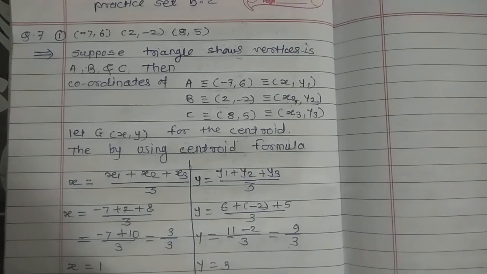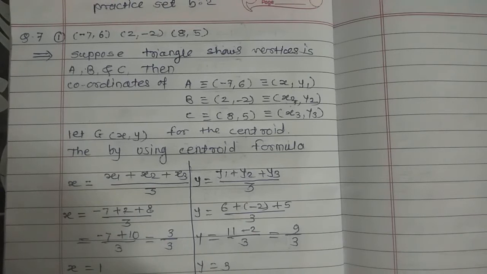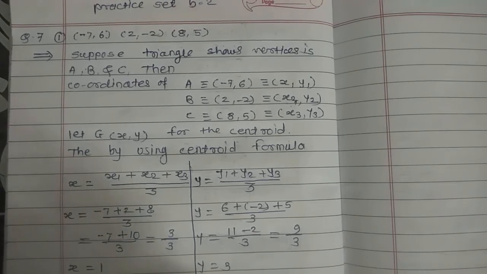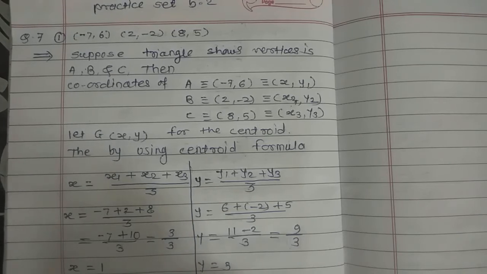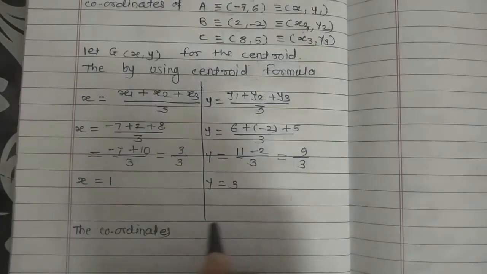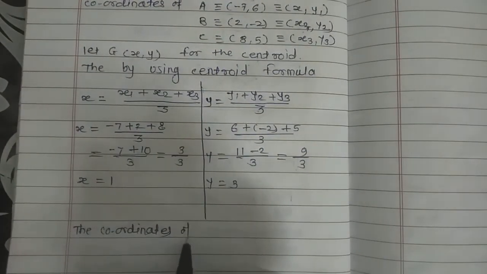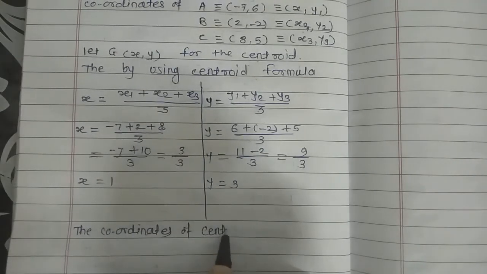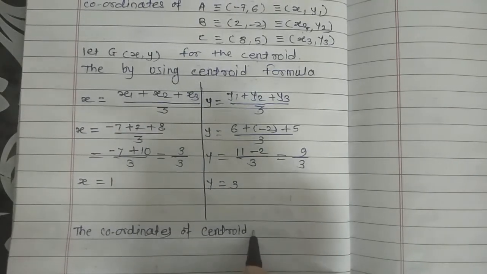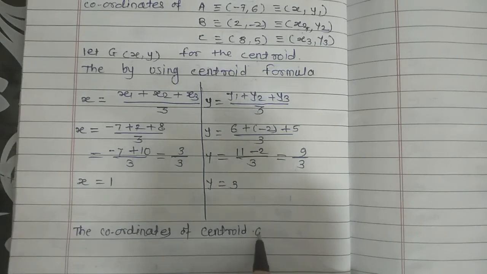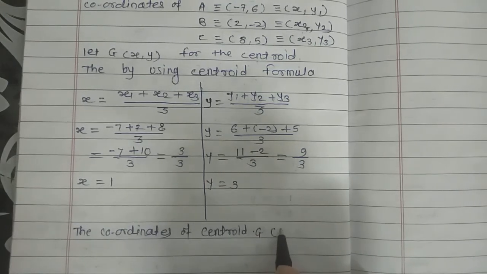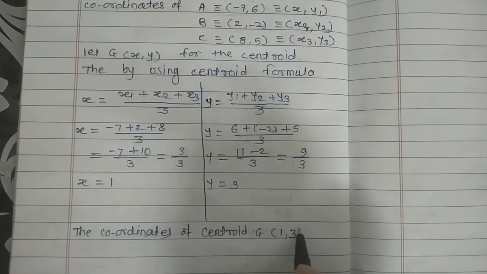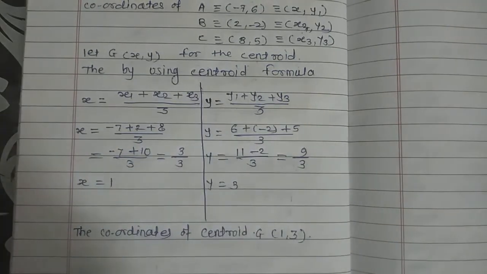In this way the coordinates of the centroid G are (1, 3).